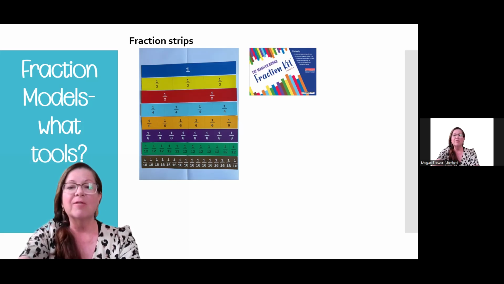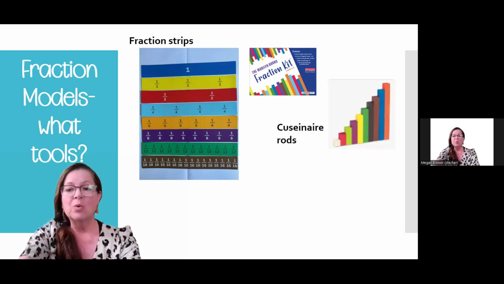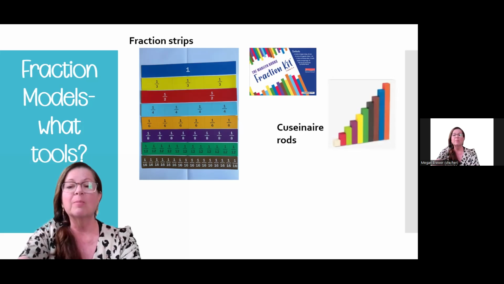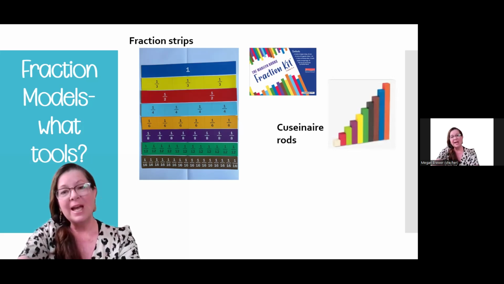Our second favorite math tool are Cuisenaire rods, which can be used to represent both the area region model and the measurement model of fractions. These wooden rods are strategically and purposefully created to represent fractions.